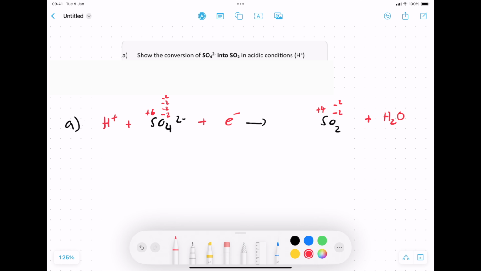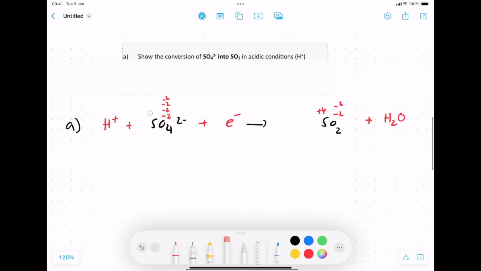So now that I've done that, the next thing I need to do is balance the equation. What I like to do is the atoms first and then the charges at the end. Let's just get rid of these redox numbers for the moment because we don't need them, and go ahead and balance.